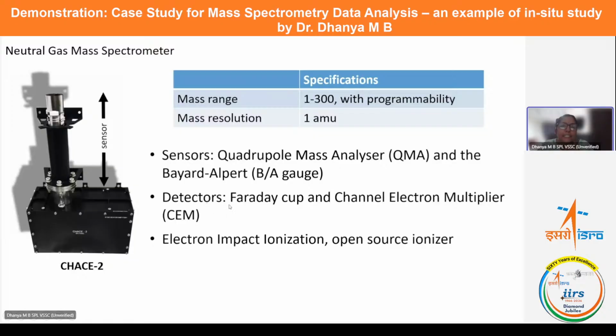The detectors used are a combination of a Faraday cup and a channel electron multiplier. In the ionizer, we employ the electron impact ionization technique, which means that when a sample enters the mass spectrometer, a beam of electrons impacts the sample and ionizes it.